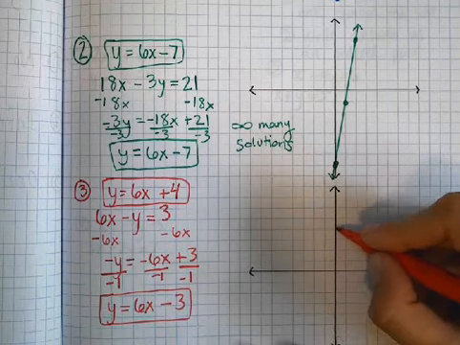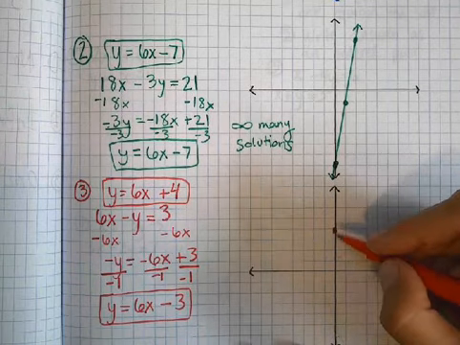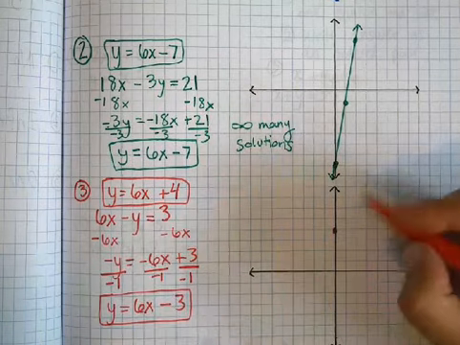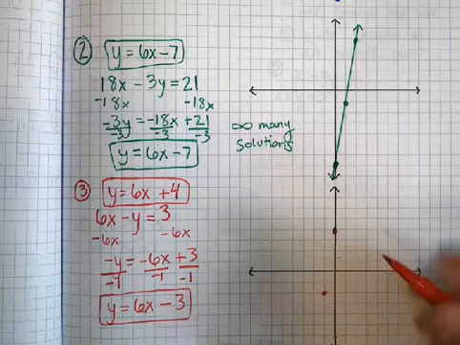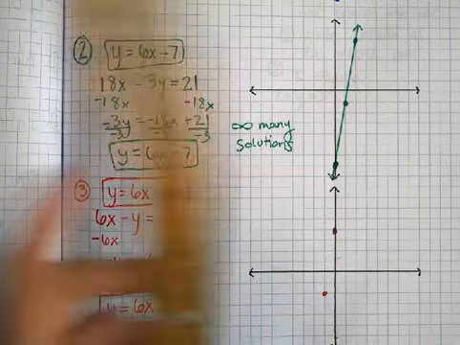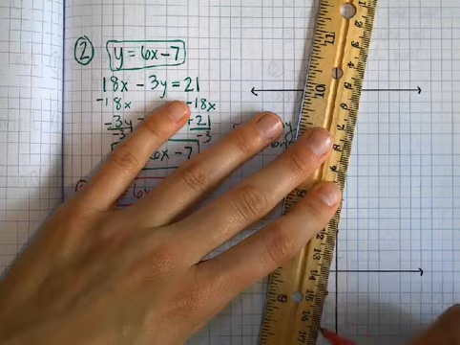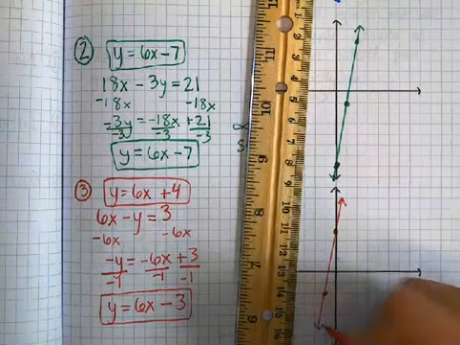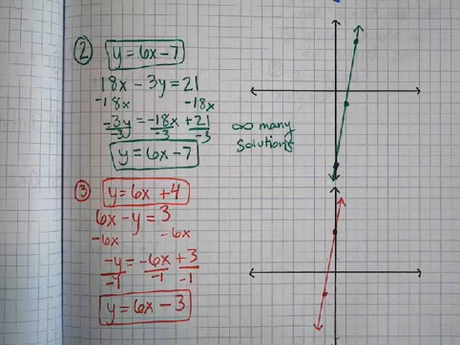Let's graph the first one. My y-intercept is at 4, and I go up 6 over 1. I might run out of room, so I'm going to go the opposite way. Remember, you only really need two dots to make a line. So that's our first one.